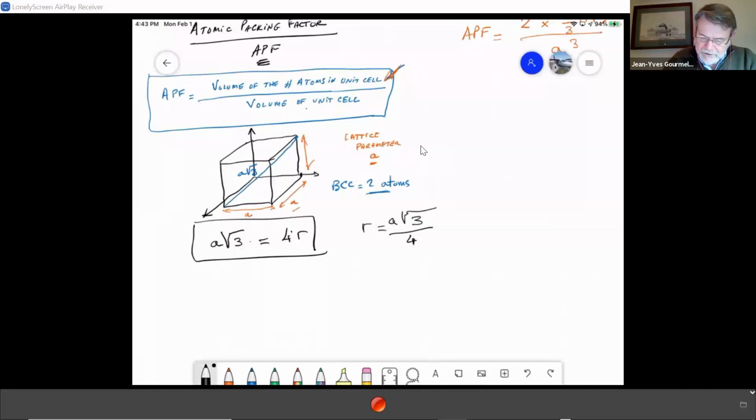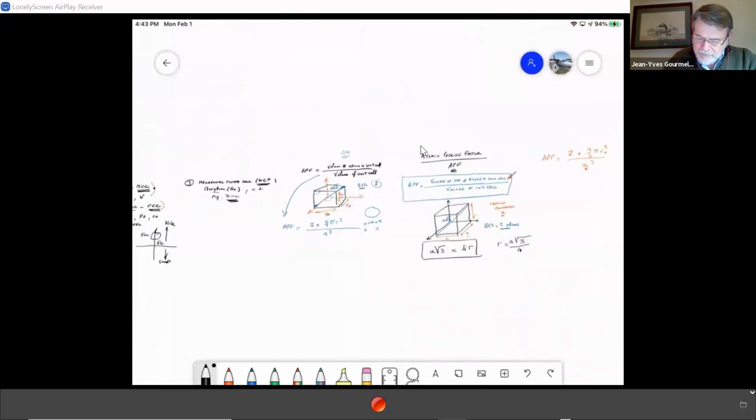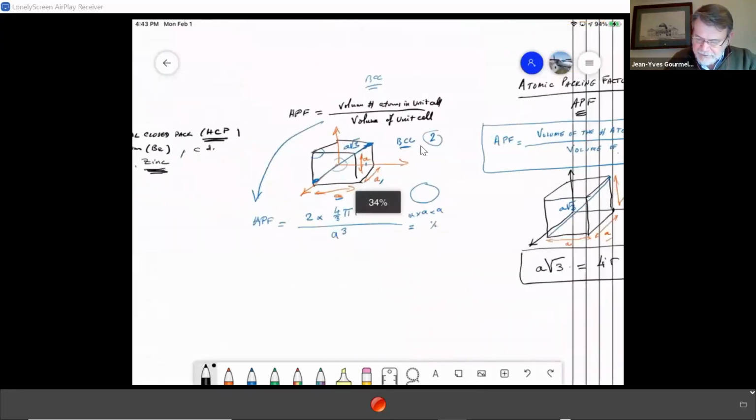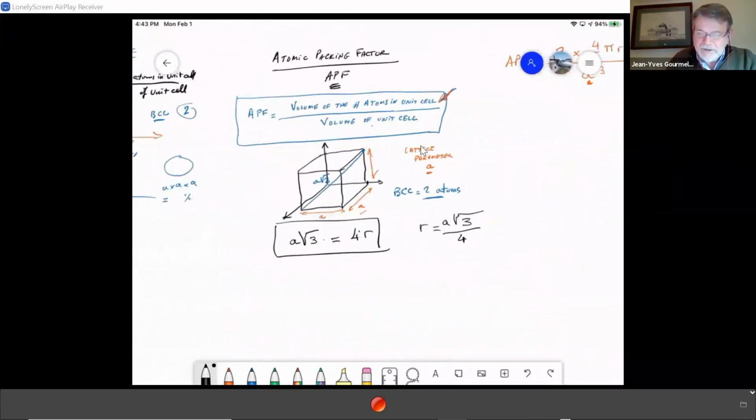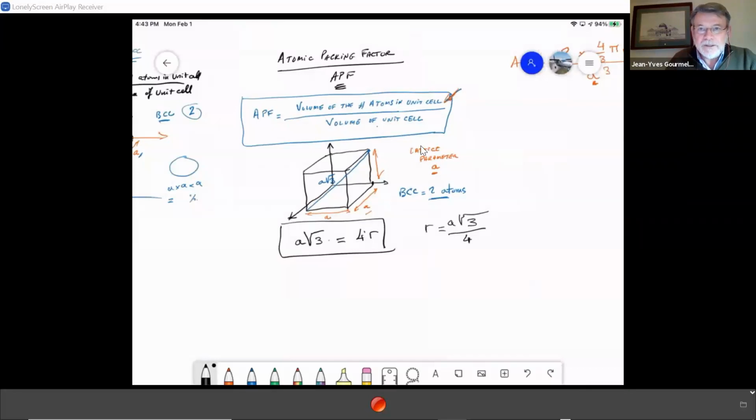We are trying to calculate that APF. So what is R cubed going to be? R cubed is going to be 3 root 3 A cubed divided by 4 cubed, which is 64, right? So this is R cubed.